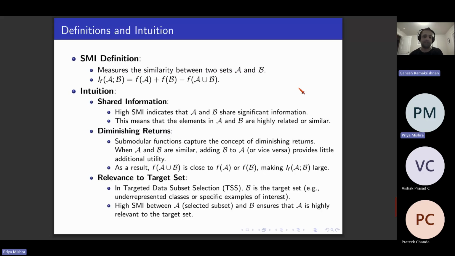When f is facility location, what is the nature of I?